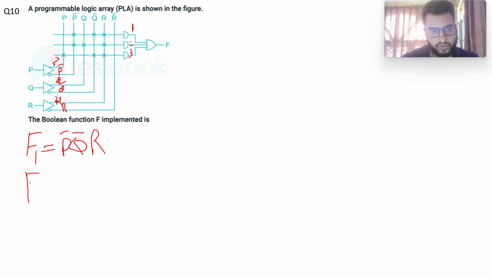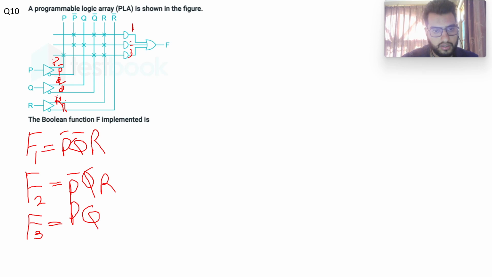Then f2 will be equal to P bar Q R. Then f3 will be equal to, take a look at this line, P Q bar R, right?